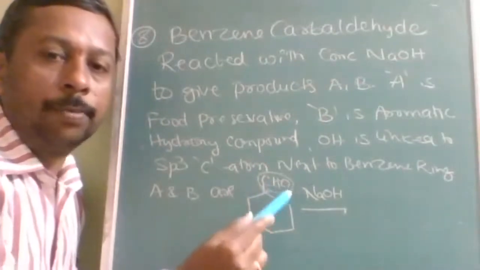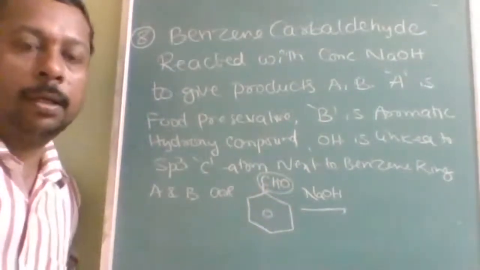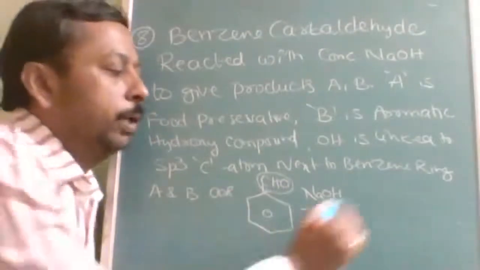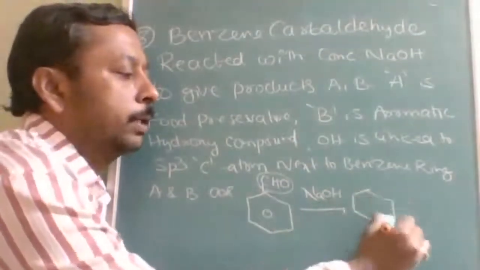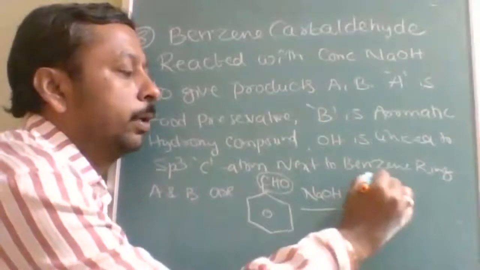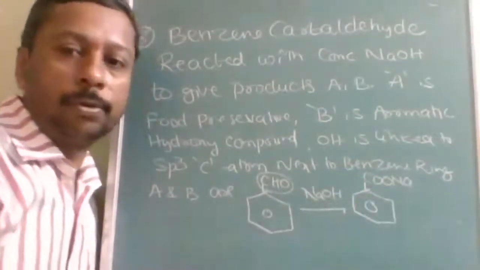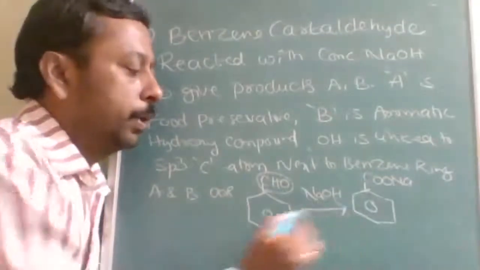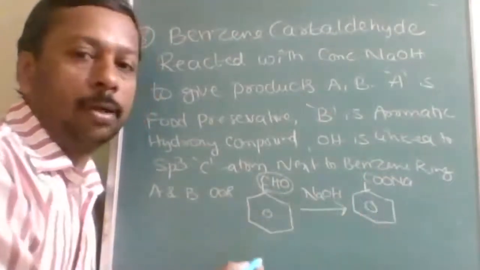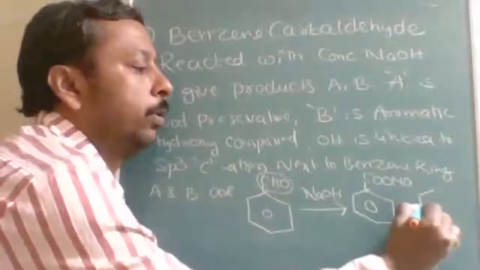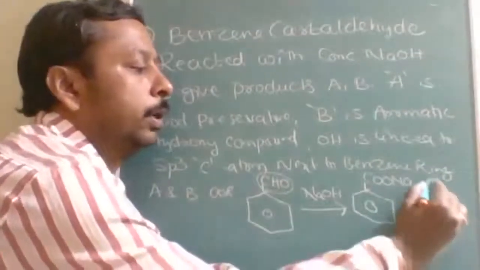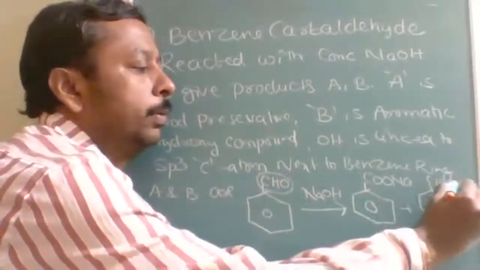Then there will be two products. One product will be the sodium salt of carboxylic acid, the oxidized product. This will be the first product. It is disproportionation. Disproportionation means the same molecule will undergo oxidation and the same molecule will undergo reduction. So the reduced product will be this one.